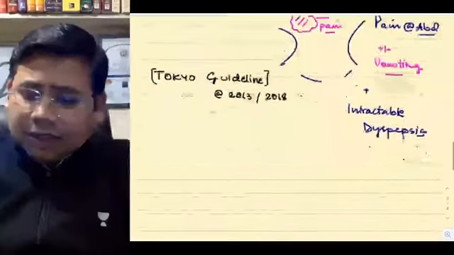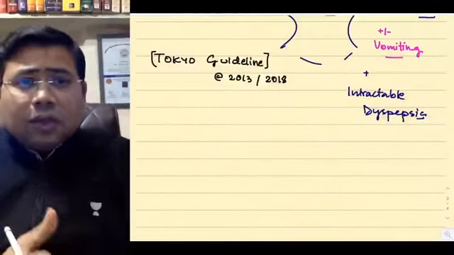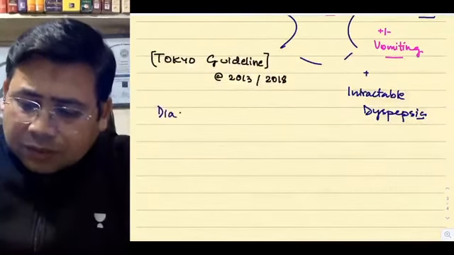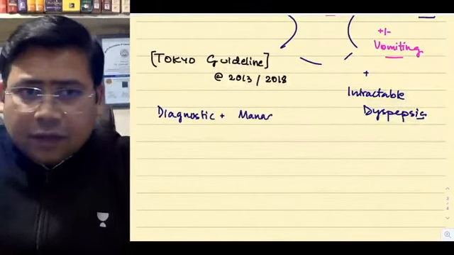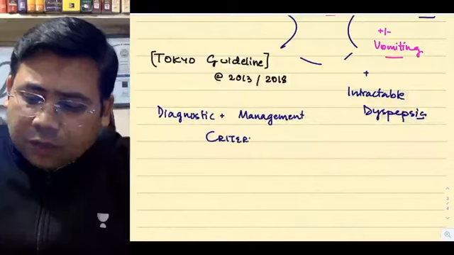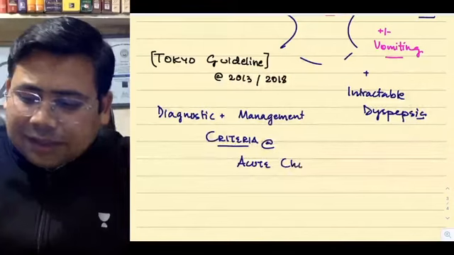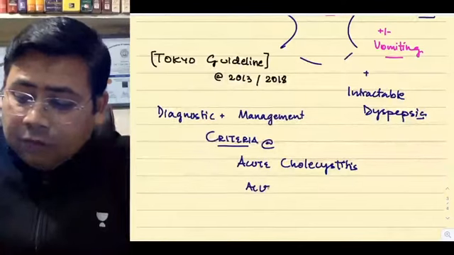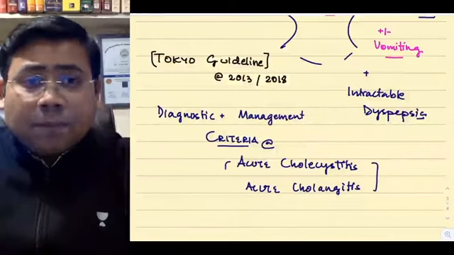The Tokyo guidelines are guidelines for diagnosis plus management criteria for acute cholecystitis and cholangitis. What I am going to teach you today is a brief but important concept of acute cholecystitis.